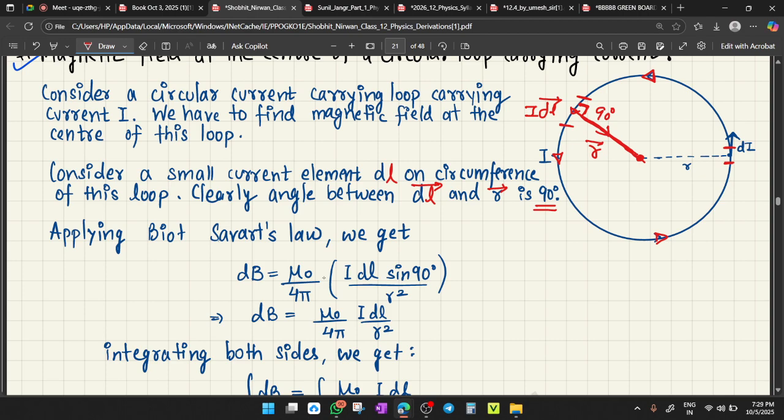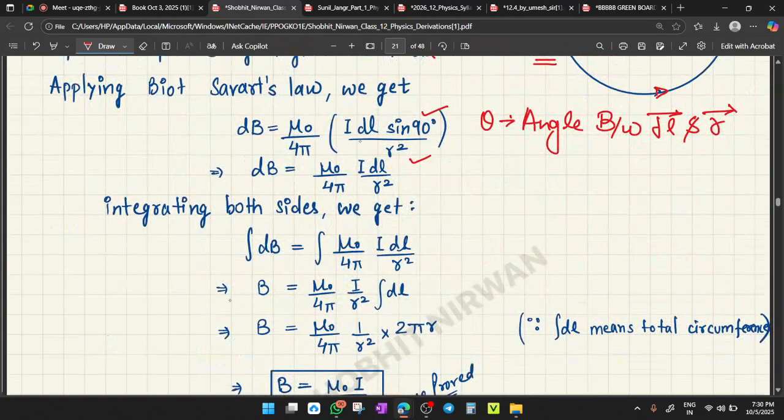By the Biot-Savart law, dB equals mu naught upon 4 pi Idl sin theta upon r square, where theta is the angle between the dl vector and the r vector. It equals 90 degrees, so sin 90 upon r square. So it will become mu naught upon 4 pi.